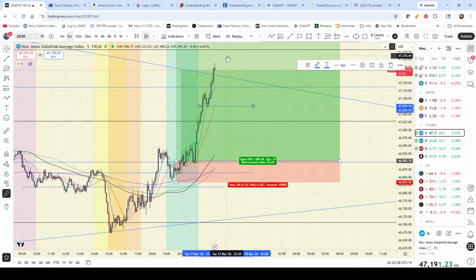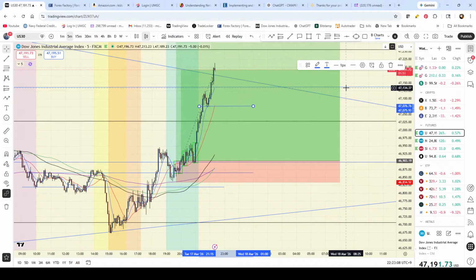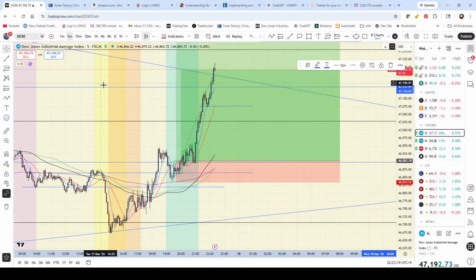For this to be confirmed, we the bears got the market, we're no longer bull, it'd have to break right here. So don't be scared of a retrace. I won't be surprised if price wants to retrace this resistance right here, which was yesterday's high.